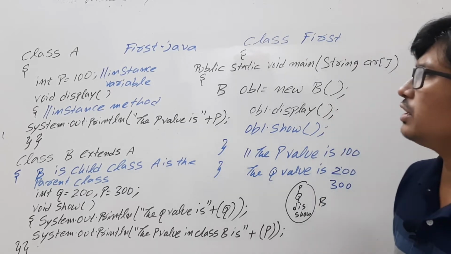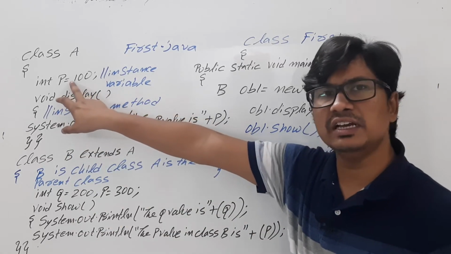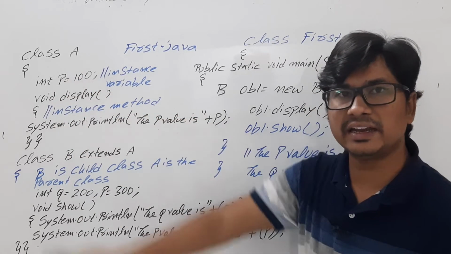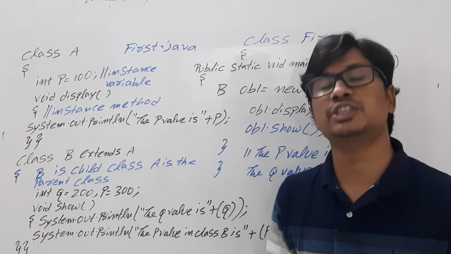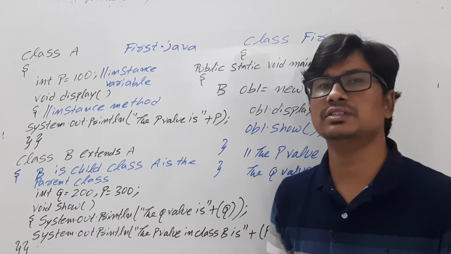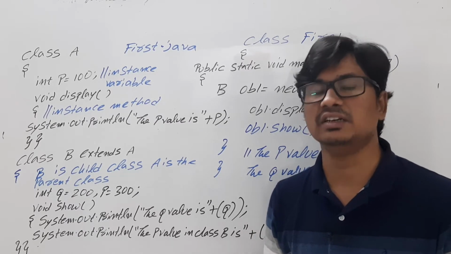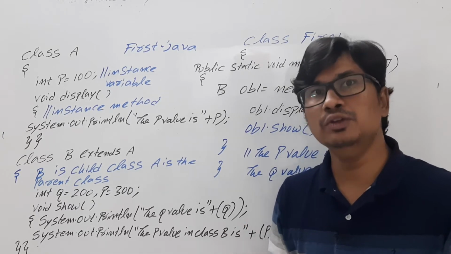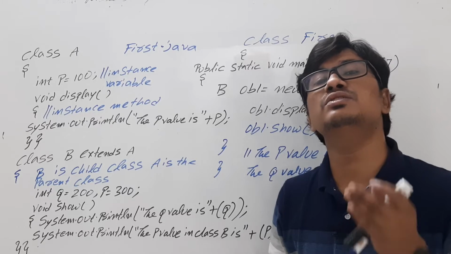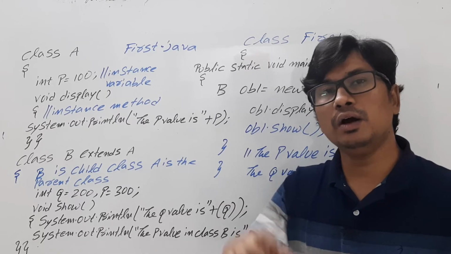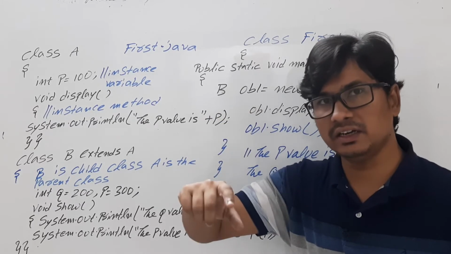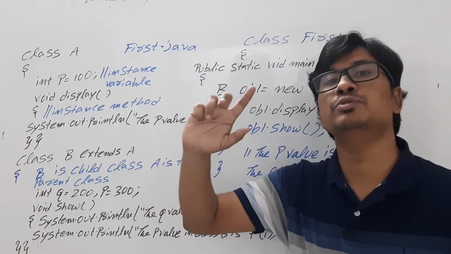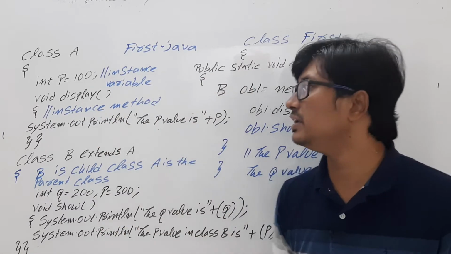Okay, now what I will do is that instead of initializing the instance variables directly, I will use the constructor concept. Already we have discussed in the last video what is a constructor. Constructor is a method which will be useful for you to initialize the object. Okay, now what are the rules? The method name and the class name should be same and it does not have any return type.